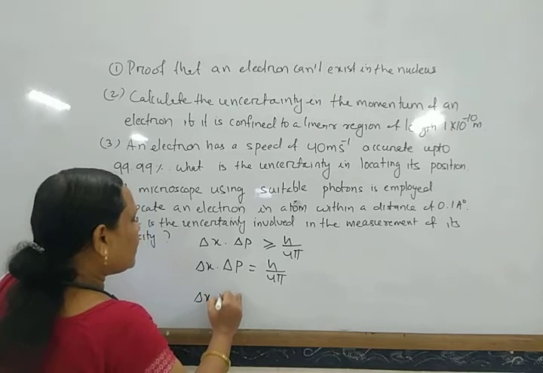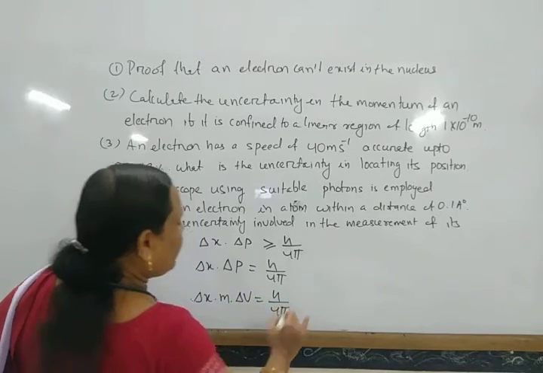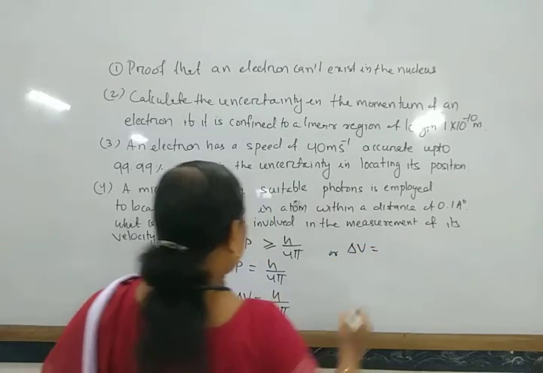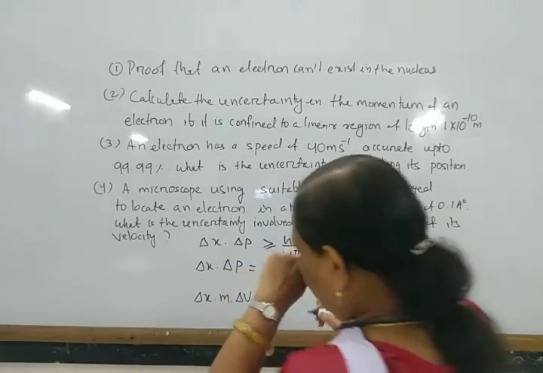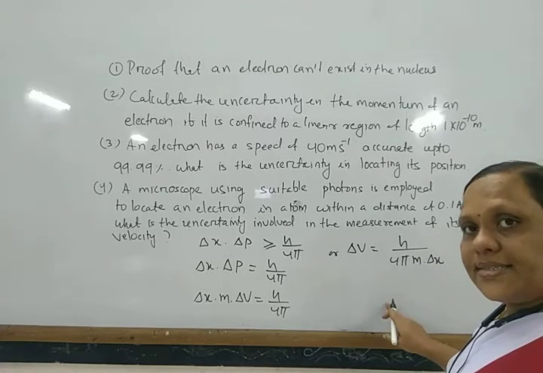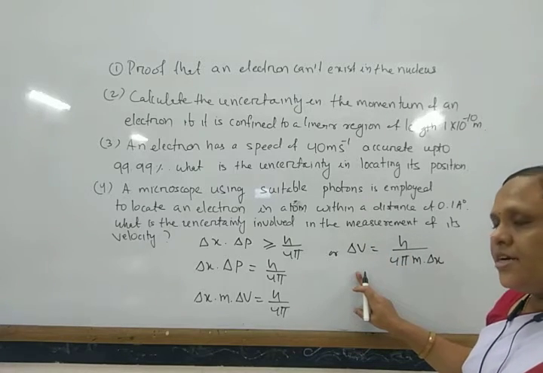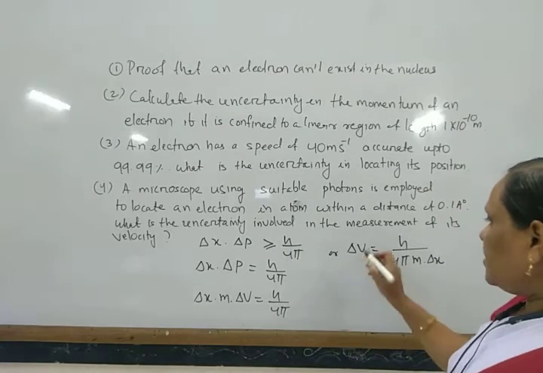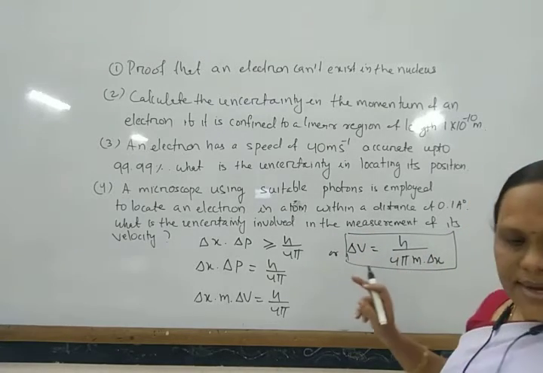So, del x into m into del v equal to h by 4 pi, or del v equal to h by 4 pi m into del x. So, substituting all these values, you can find out what is the uncertainty in velocity.